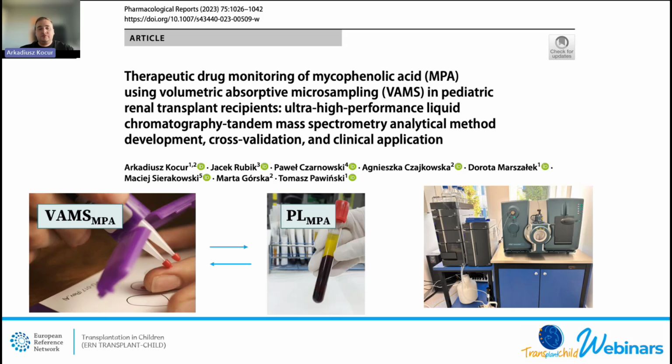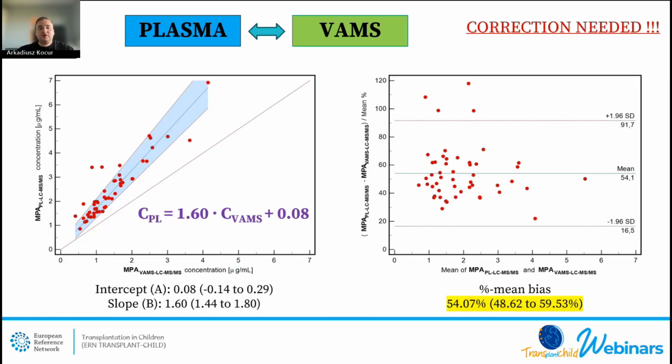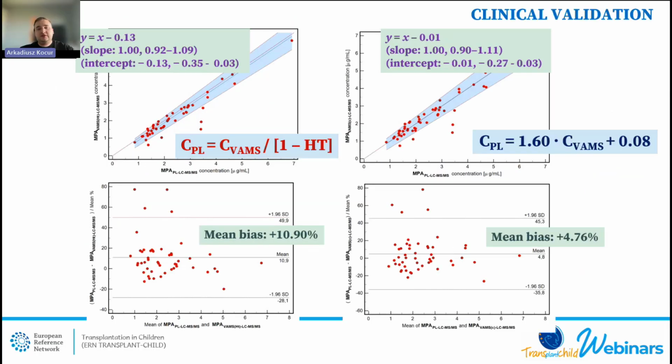We performed that study, and we found that the plasma and VAMS levels are not equal. The correction is needed. We saw the bias between plasma levels and VAMS was 54%. It's too much. So we performed the clinical validation in an independent group of patients, and we introduced two formulas.